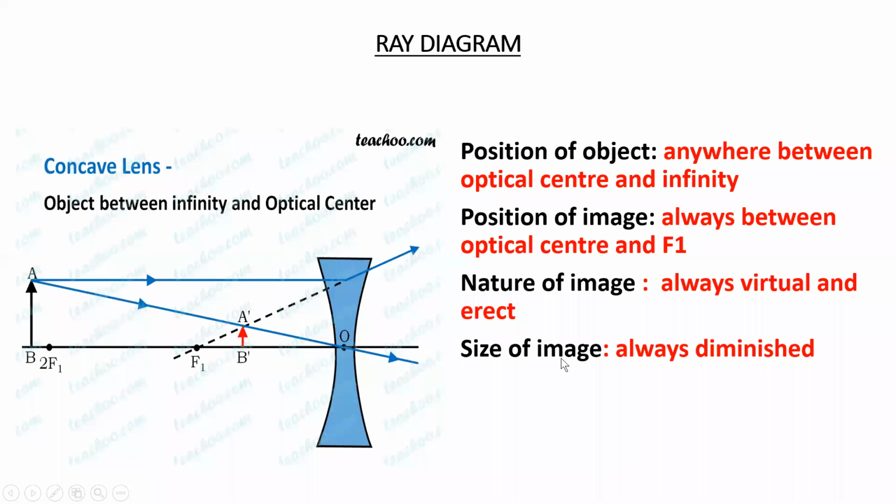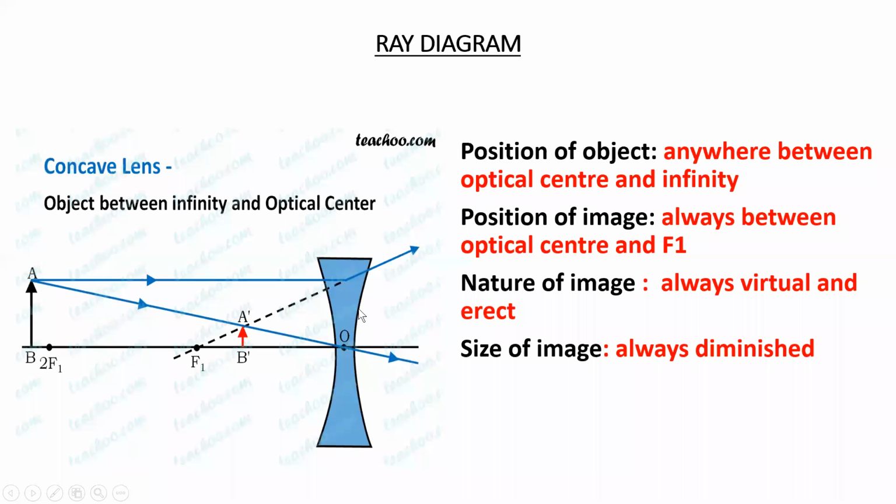The image formed in concave lens will be always diminished, ये हमेशा छोटा होगा in comparison to the object, इसलिए इसका ज्यादा application नहीं है, ज्यादा application तुम्हारा convex lens का आता है.